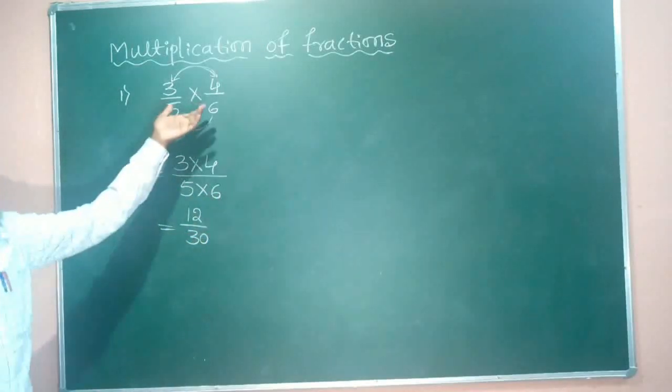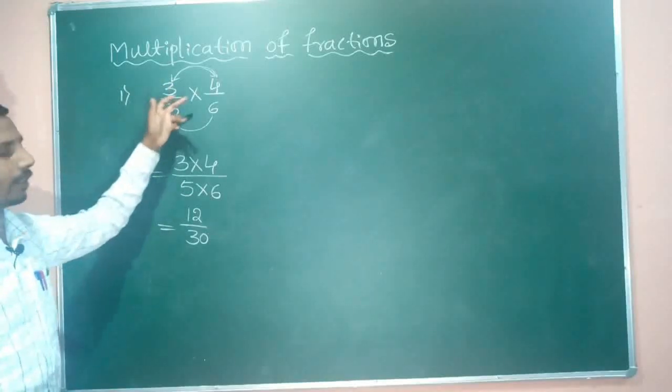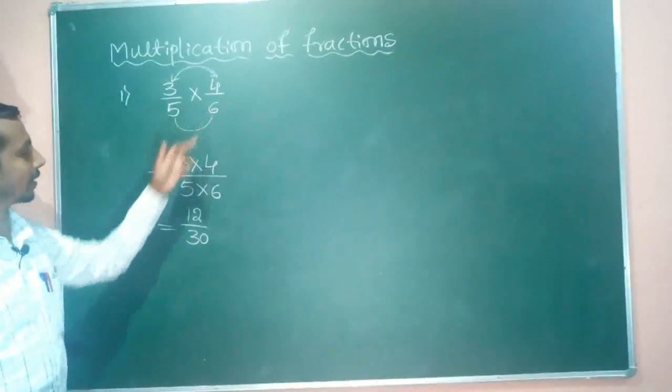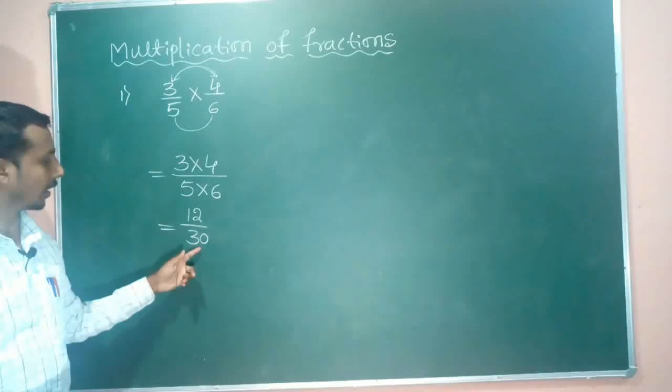Then the multiplication of 3 by 5 and 4 by 6 is 12 by 30.